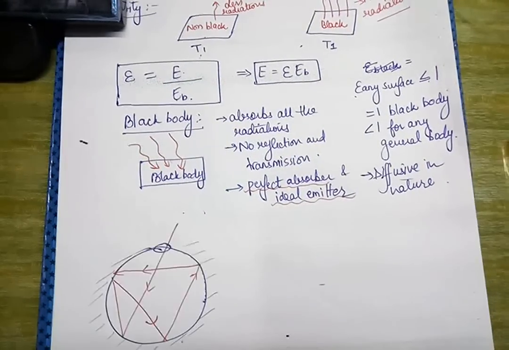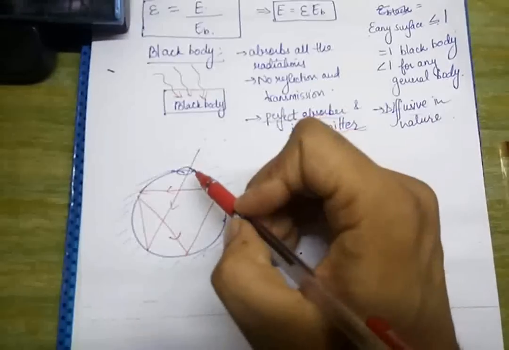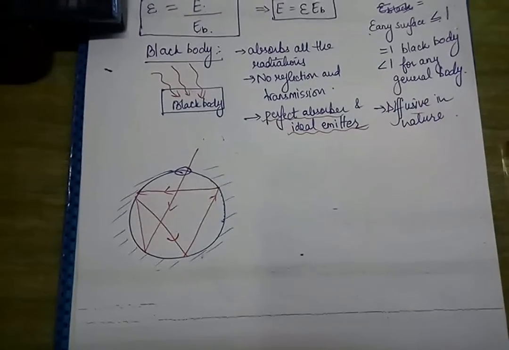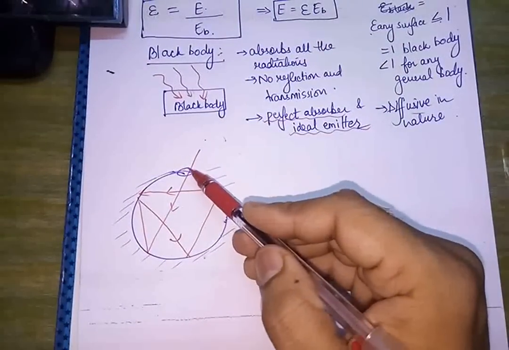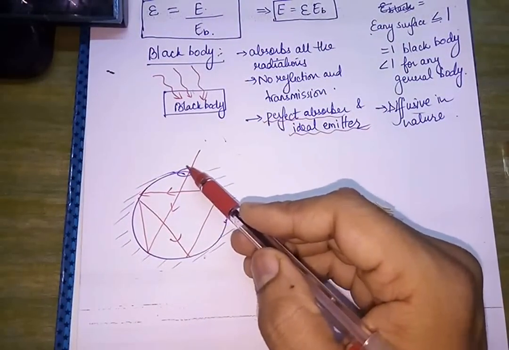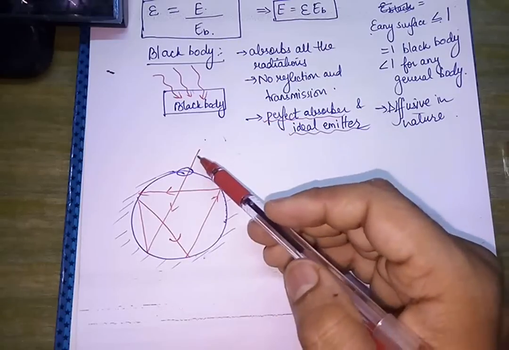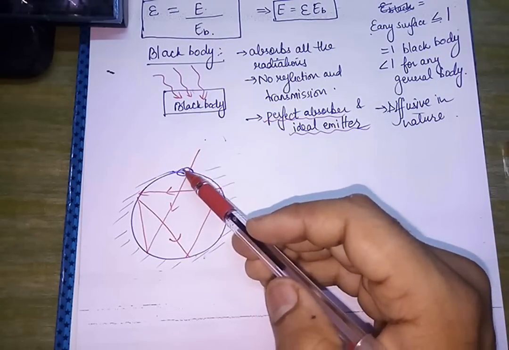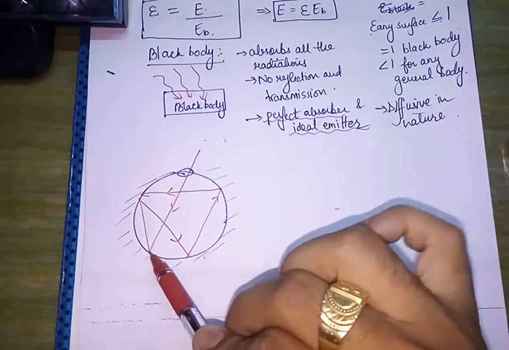Now we will discuss an example of a black body. Say this is a cavity and there is a very, very small hole in this cavity, such that the external of this cavity is being insulated. Now if we allow a ray of light to enter this cavity, it will definitely come inside and hit this surface.